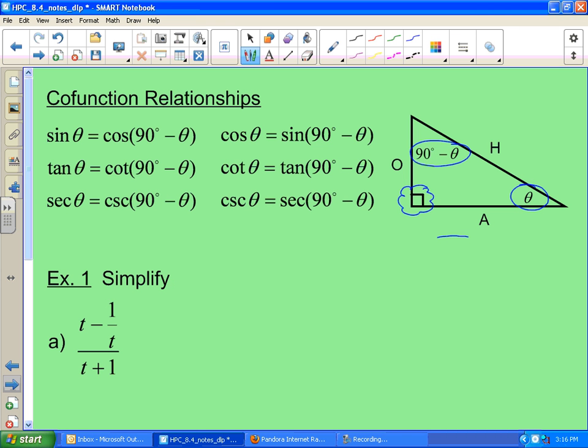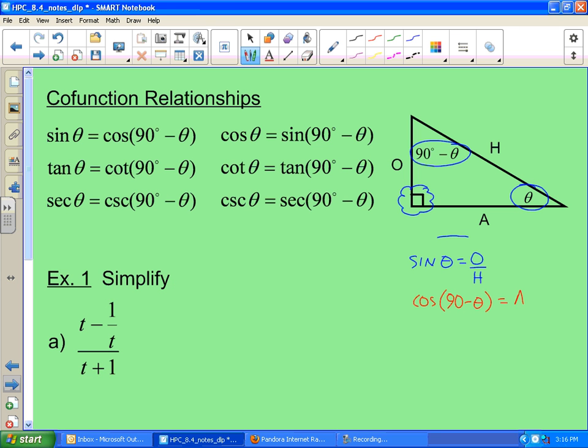So what does this cofunction relationship tell us? Well, it tells us that if I was sitting at the theta angle, and I took the sine of that angle, I would have the opposite side over the hypotenuse. A cofunction relationship means that the ratio value I get there would be the same value as if I were sitting at the other acute angle, 90 minus theta, and took the cosine.